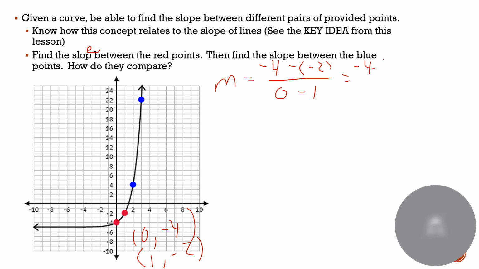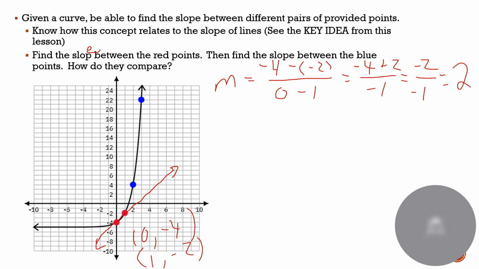That is -4 plus 2 over -1. -4 plus 2 is -2 over -1, and a negative divided by a negative is a positive. So the slope there is 2. If I were to kind of connect those, it's like finding the slope of that line there that goes through those 2 points. So the slope would be 2.